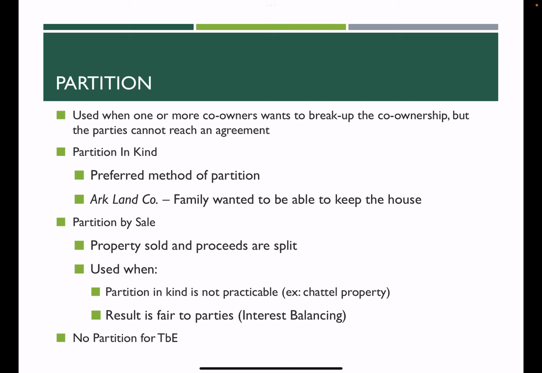It's also preferred because of the concept of non-fungibility, essentially the idea that you can't reduce property to a dollar value because each plot of land is so distinctive, and there's the emotional attachment associated with the land. And partition in kind is essentially what you all ended up seeing in Arkland.